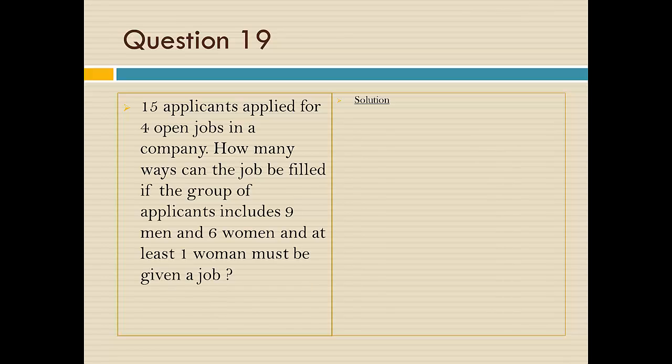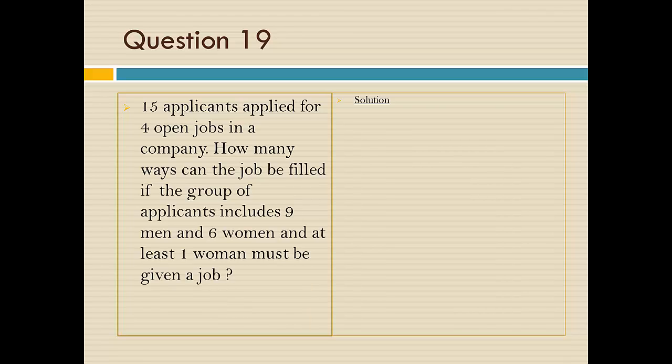Or it could be 3 women getting 3 jobs, which will be 6 come 3, and if 3 women get it, then 1 man will get the remaining job, which will be 9 come 1. Or it could be 4 women getting the 4 jobs, and no man getting any job.